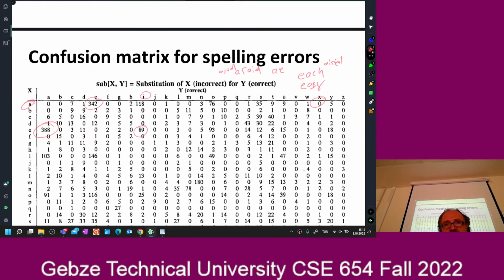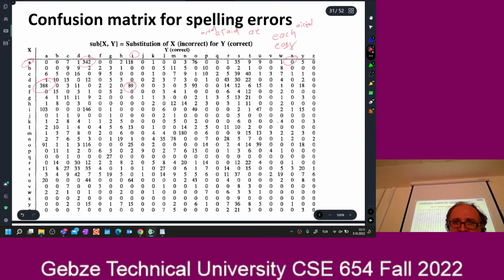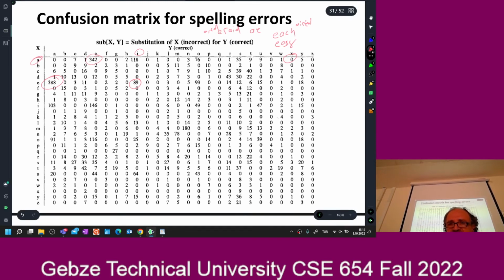So how do you do that? I don't know how many. Add up all these numbers. Let's say there are 10,000 keystrokes, okay? It looks like out of 10,000, let's say it is 500, like 0.5% of it, is going to be this one. So the substitution cost should be 1 over 0.5%.